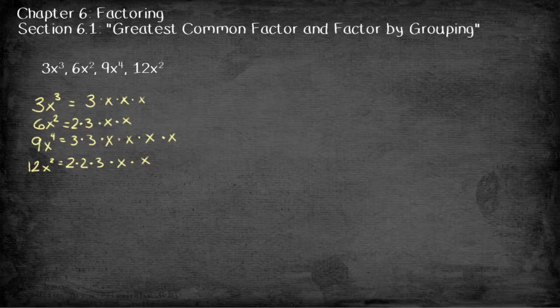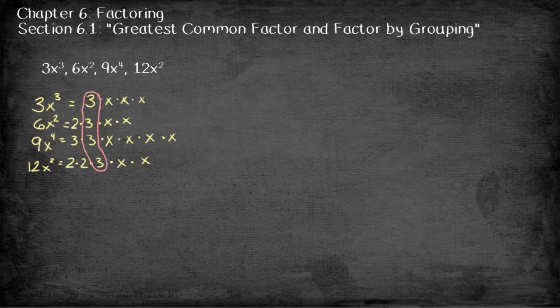And since we've split it up into these prime factors, it's pretty easy. We look at all of the primes that are in common between the 4 monomials. So they all have 3 in common. The other ones don't. There aren't any other numbers that are common to all 4.